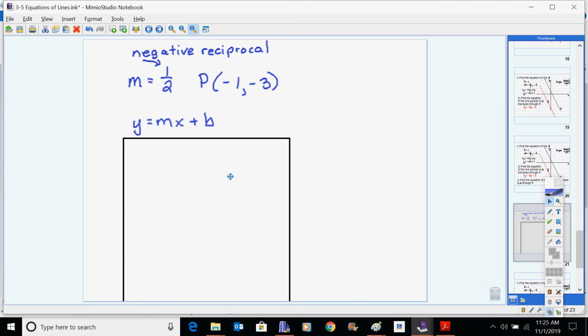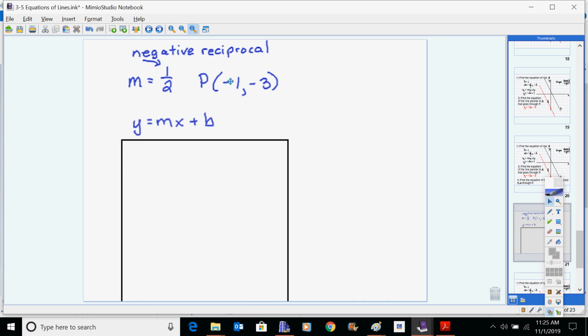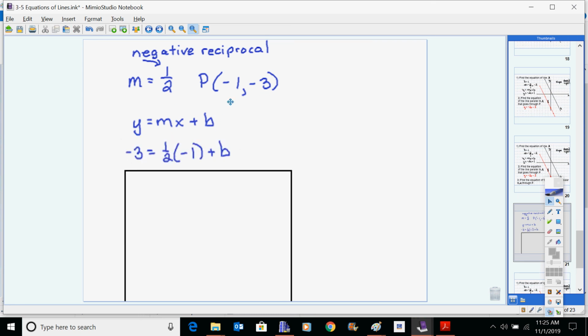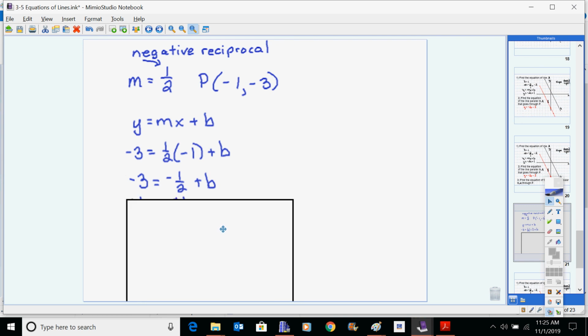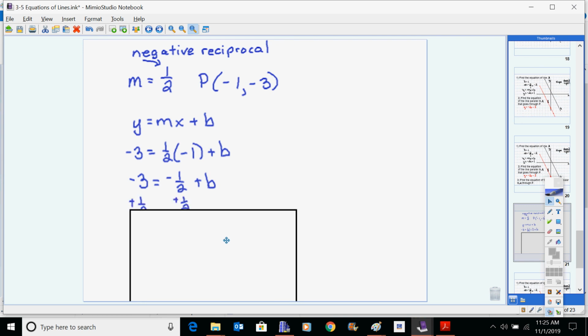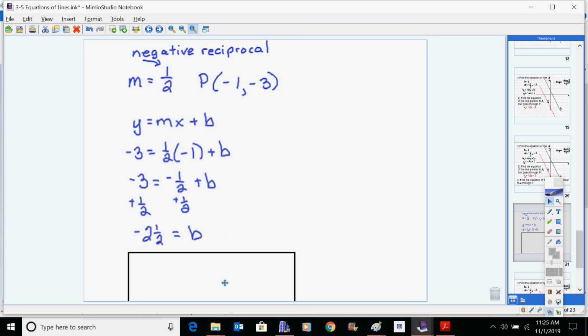So y equals mx plus b again. Same ordered pair, different slope. That's the negative reciprocal. Turn it over. So plug in your y, plug in your m, plug in your b. And when we solve this one, we do get a fraction, but that's okay.